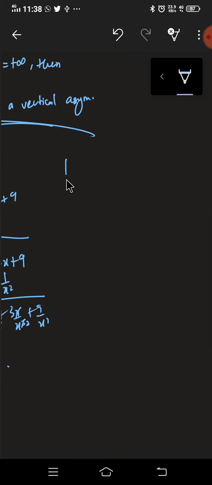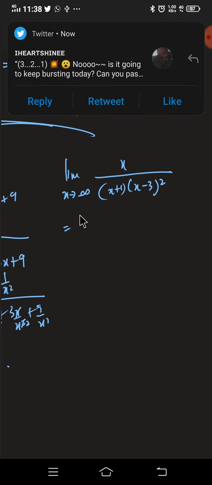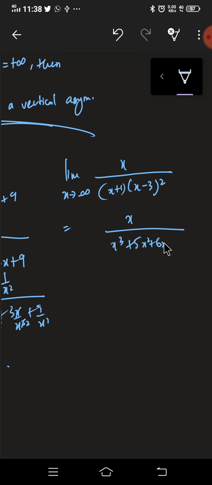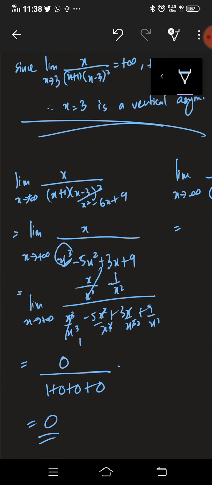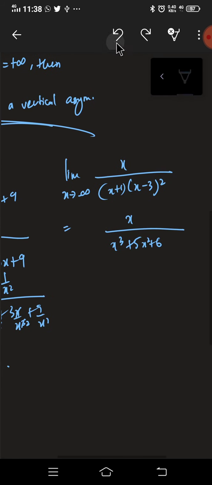Now the limit of x over (x + 1)(x - 3)² as x approaches negative infinity. We set the value and expand the same. So we get x over x³ - 5x² + 3x + 9.